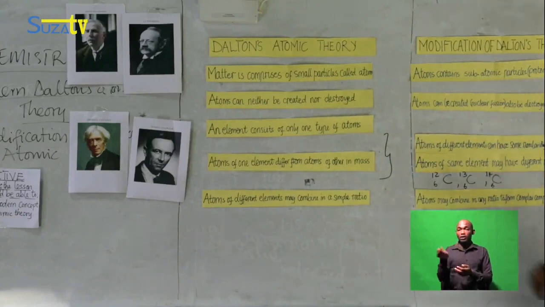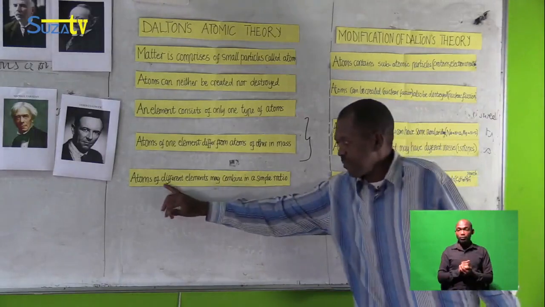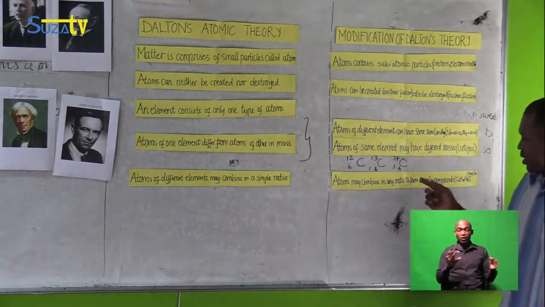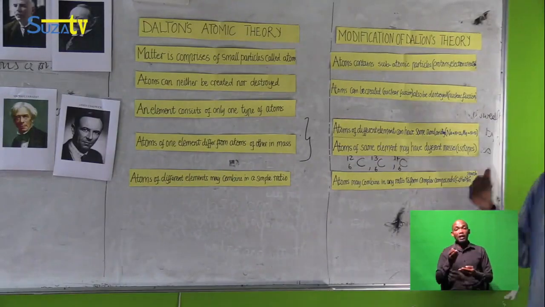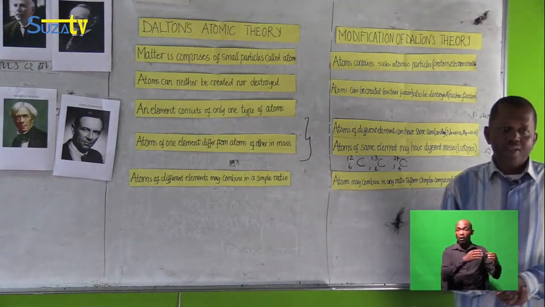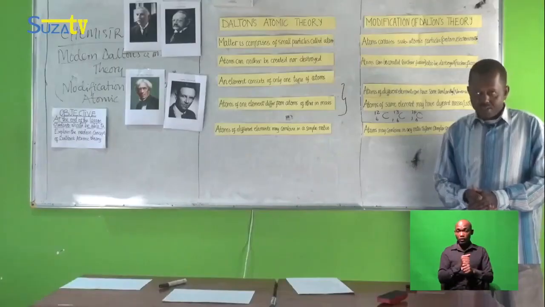The statement says atoms may combine in any ratio. The Dalton one is atoms of different elements may combine in a simple ratio. Here, in any ratio to form complex compounds. As you remember, in this postulate we gave the example of water, which contains 2 hydrogen atoms with 1 oxygen atom.